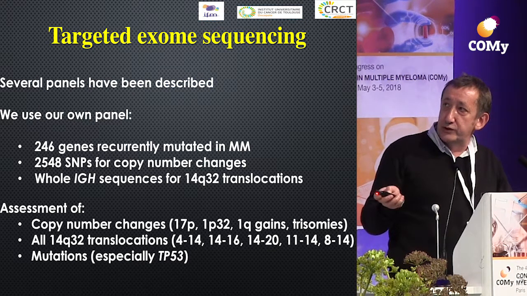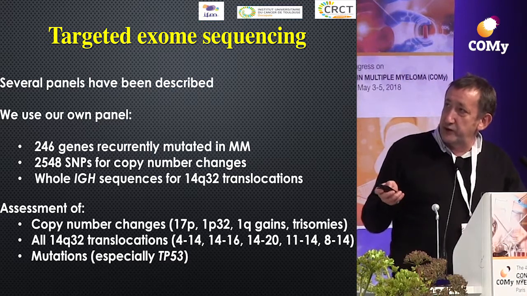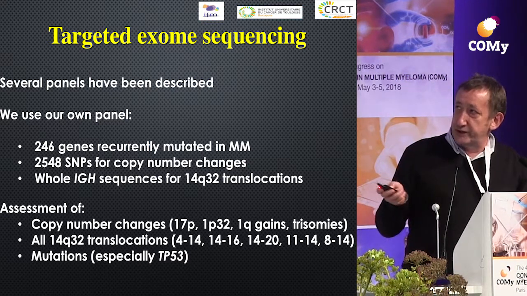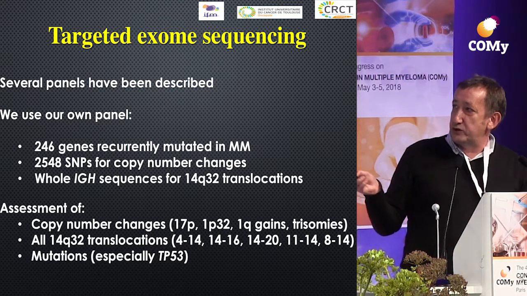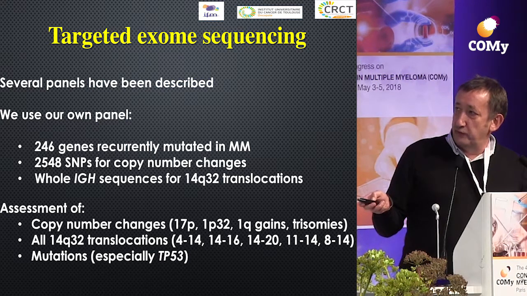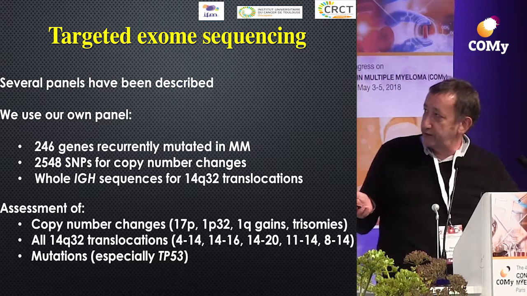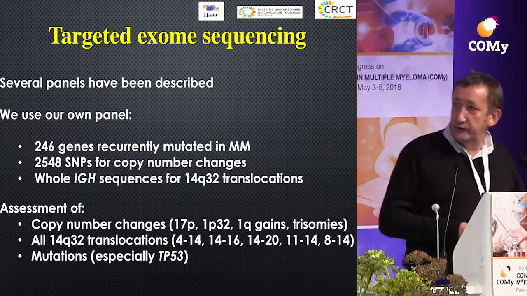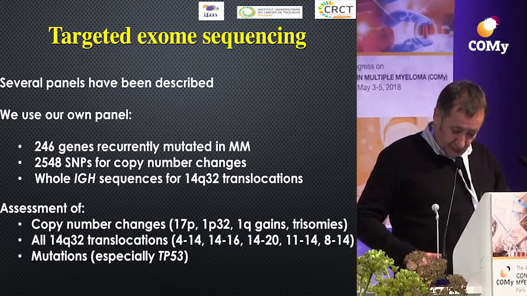We also selected almost 2,500 SNPs to assess the copy number, and especially the 17p, 1p, 1q, and trisomies. And we selected all the IGH sequences to be able to identify all the translocations: the 4;14, 14;16, 14;20, 11;14, 8;14, etc.